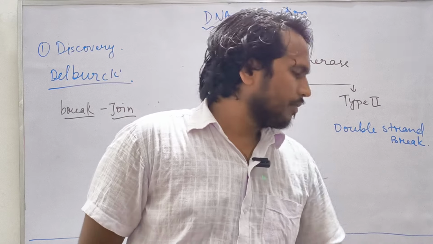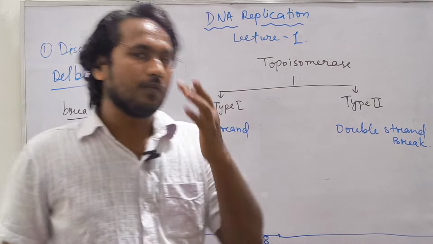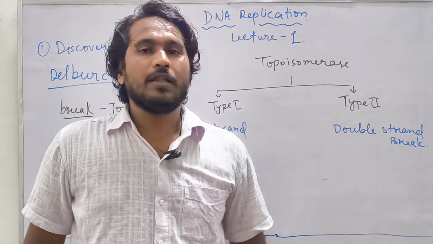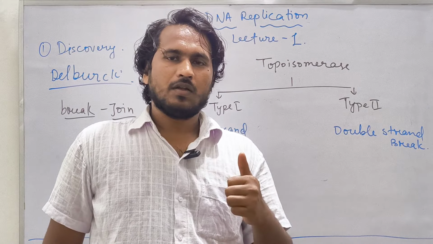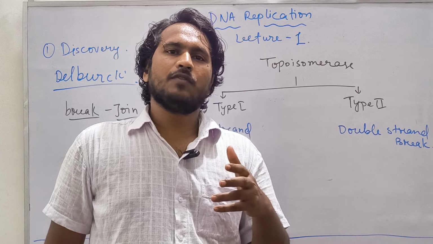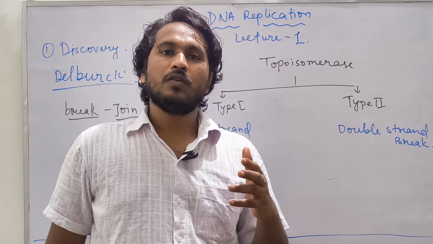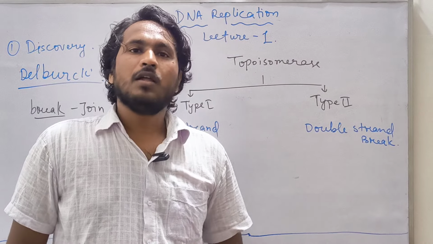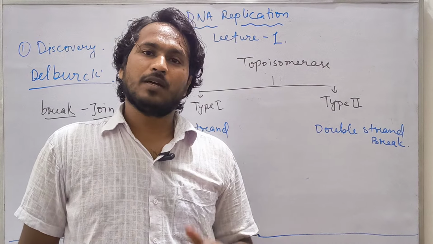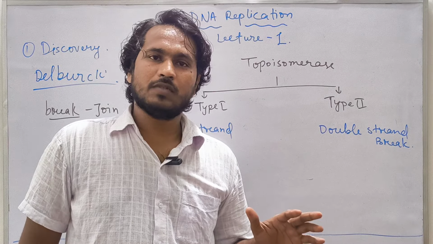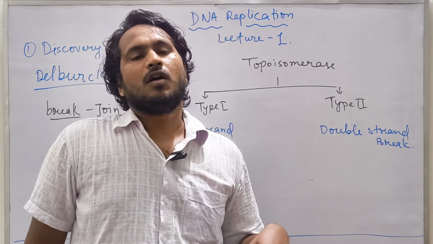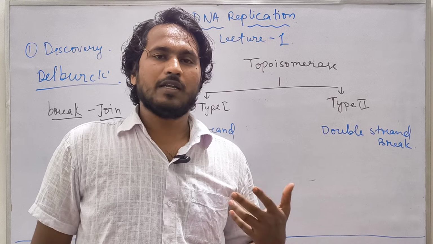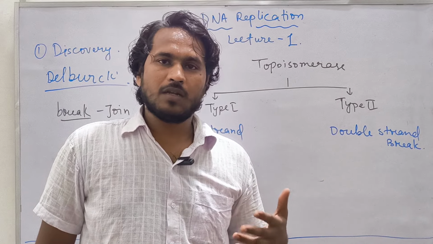So this topoisomerase is involved mostly in DNA replication. We know that, but you must know heterochromatin and euchromatin. The heterochromatin and euchromatin concept was given in transcription, and transcription occurs everywhere, mostly in the G1 phase and the G0 phase, or even in DNA damage repair and all this.